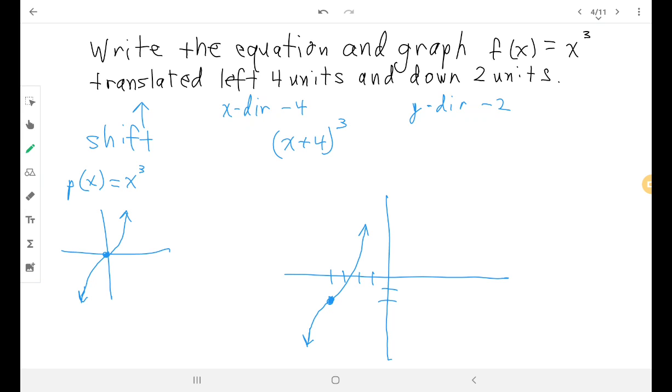Okay, and then the y direction is not grouped with x and exactly as you see it, so that's going to have a -2 there, and let's give it a new name. They're calling this one f of x, so let's call this modified one g of x, and there is our new function that has been translated or shifted. I'll give you a moment to look at that.